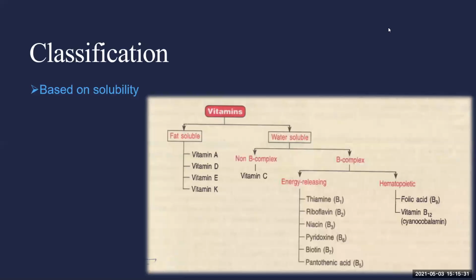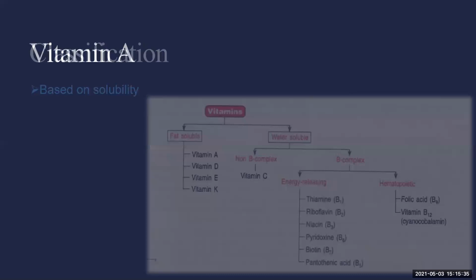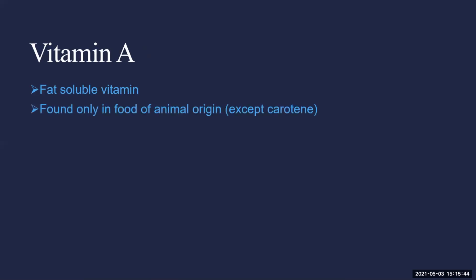Water. Okay. One of the biggest vitamins, we'll start with vitamin A. It is a fat soluble vitamin, as we already saw. It is found only in food of animal origin, except one form of vitamin A called carotene.